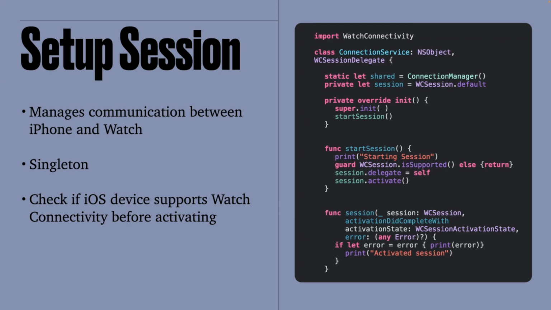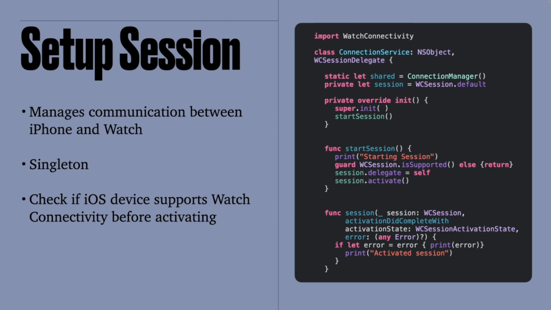Then we're going to call our start session inside of that initializer, check that our watch connectivity session is supported, set ourself to be the delegate. That's going to be, like I said, what handles our incoming data, incoming messages, and then actually activate the session so that we can essentially turn on the lights and say, hey, I'm ready for business.